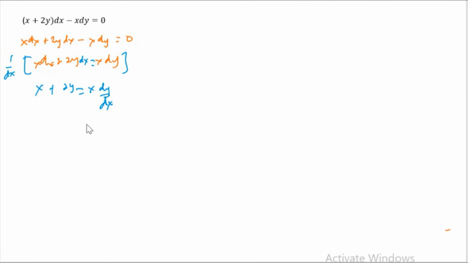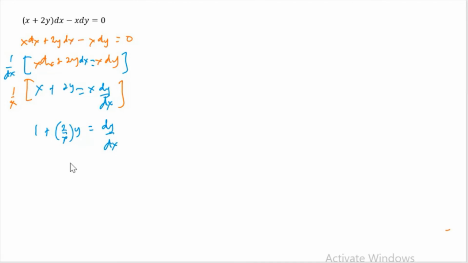So I'm going to divide by x in order for us to eliminate x on the right hand side. So multiplying this again by 1 over x, we have now 1 over x times x is equal to 1 plus this is now 2 over x of y is equal to dy over dx.